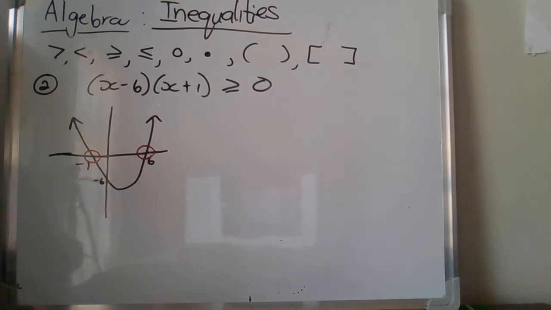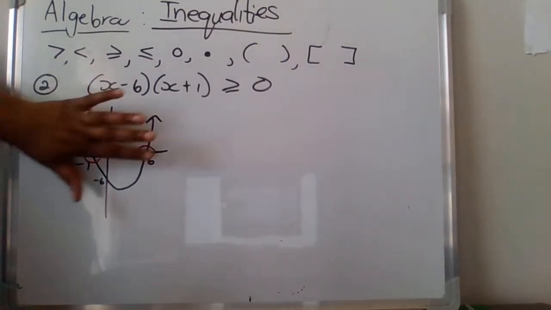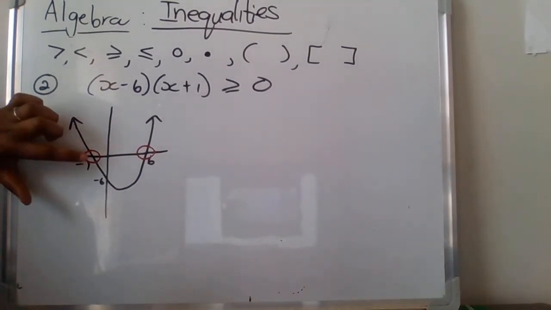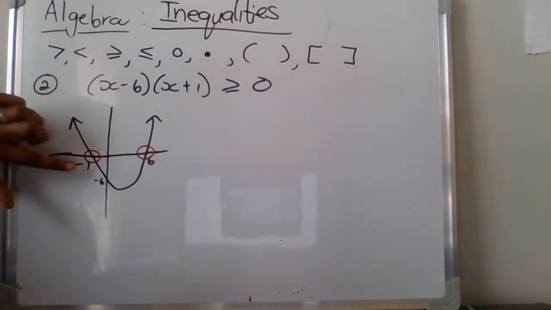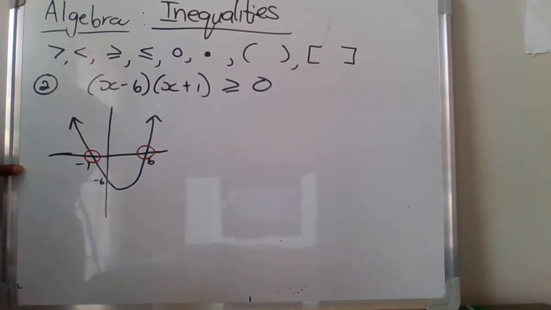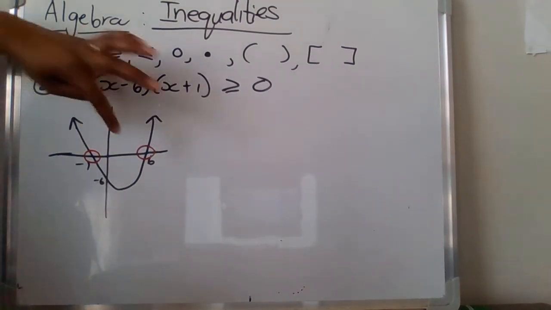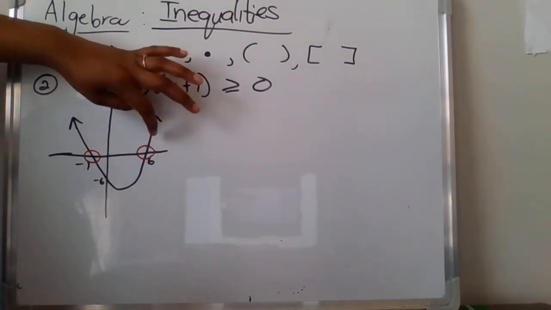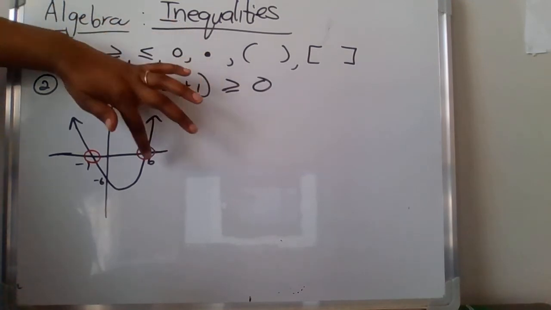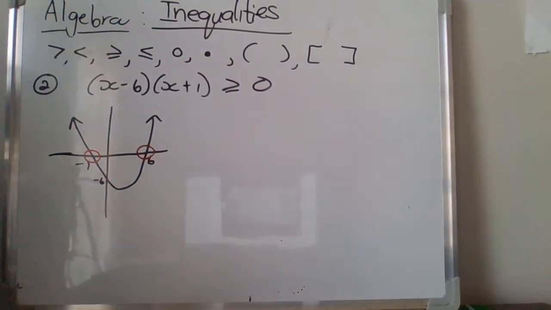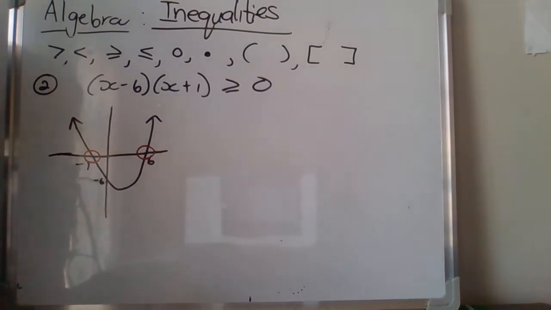It's when it's above the x-axis. So from negative infinity up to -1, and also from x equal to 6, my y is positive, all the way where x approaches infinity.